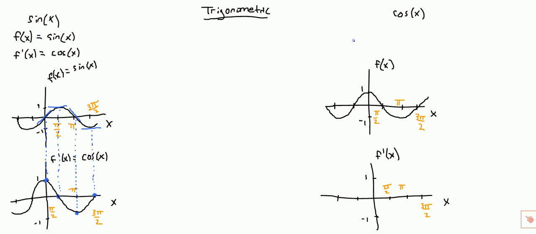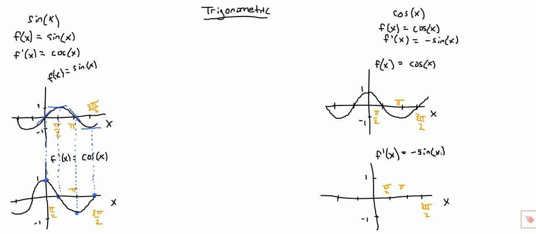What about over here? What if the original function is cosine? That's what I have drawn here. Then the rule is that the derivative is negative sine. Okay? So f prime of x equals negative sine of x.